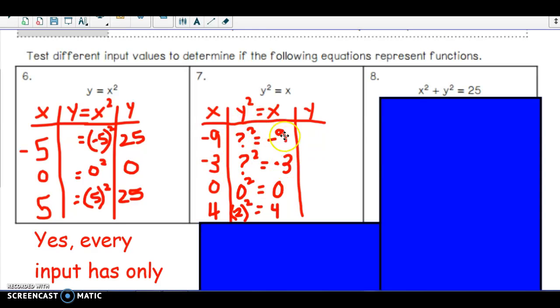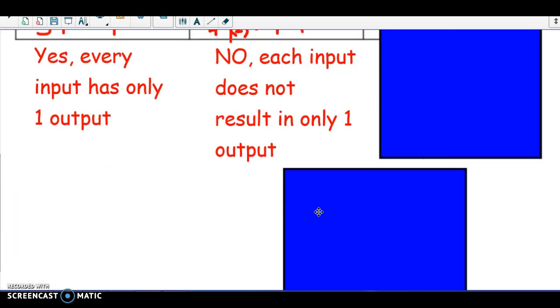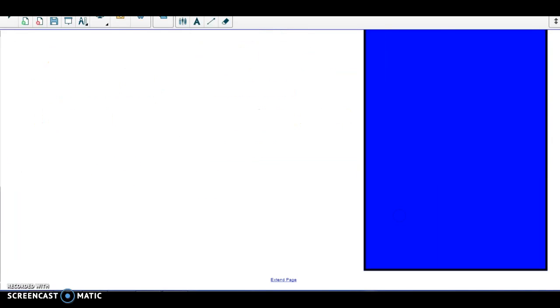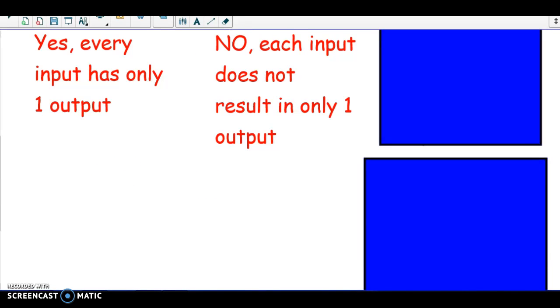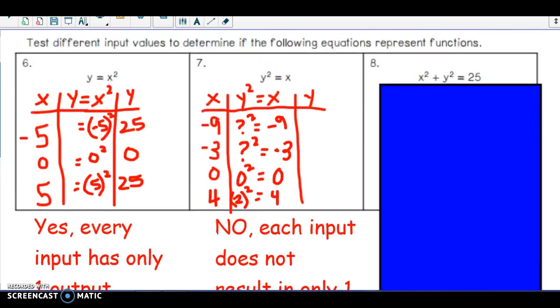The other reason we know this is not a function is because we weren't able to take any numbers, square them, and come out with a negative answer. So if your inputs do not have exactly one output, it is not a function. So this is no. Each input does not result in only one output.